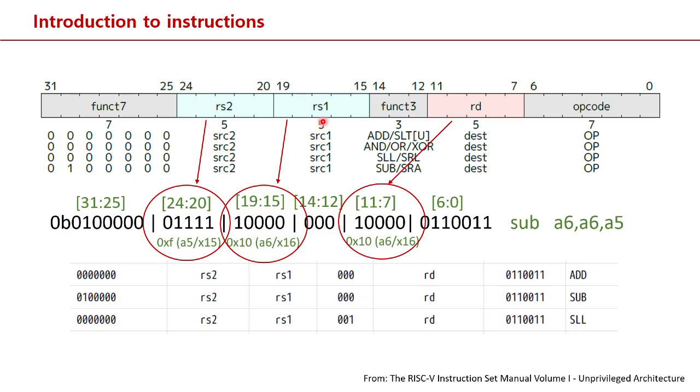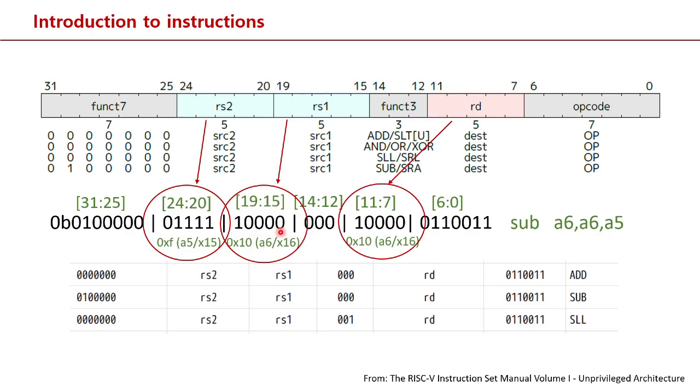Let's take a look at the first source register. As for this bit position, we have the value 0x10. For this reason, the first source register is the A6 register.